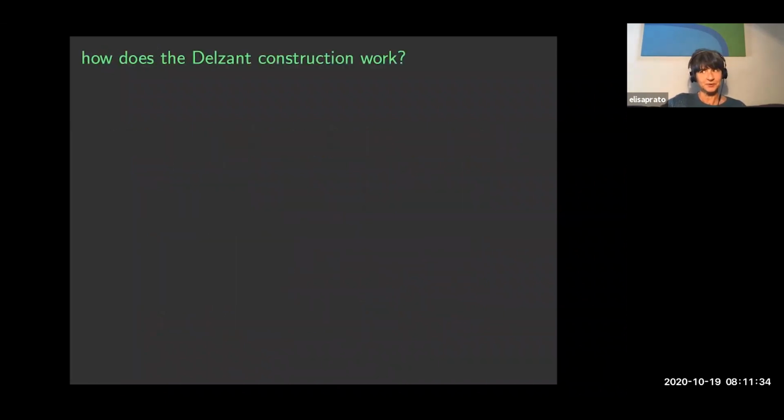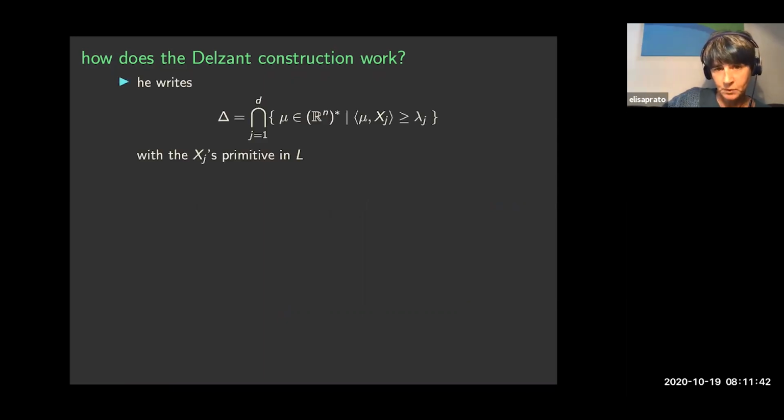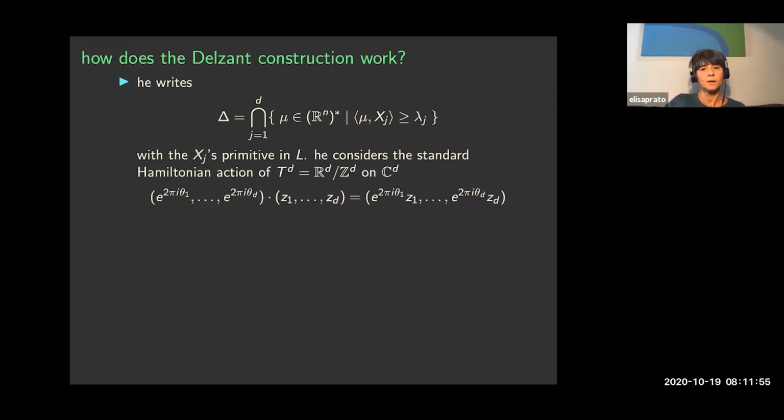It's important, in order to understand the rest of the talk and the nonrational case, to understand how the Delzant construction works. So Delzant wrote the decomposition of delta into half spaces, choosing the normals to be primitive in the lattice. Then he considers the standard Hamiltonian action of the standard torus T^d, R^d mod Z^d, on C^d by rotations on each component.